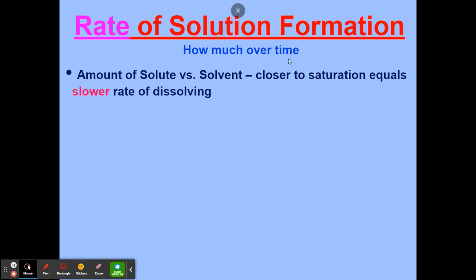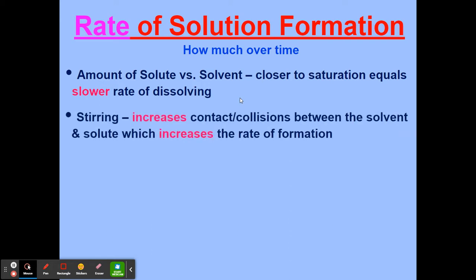If it's close to saturation, it's going to dissolve slower. If it's just a solvent and you add a little bit of solute, it's going to dissolve really quickly. If you have a solution that's almost saturated, there's not a lot of space for the solute particles to go, so it just takes time for it to find it. So it takes a little bit of time for it to dissolve.